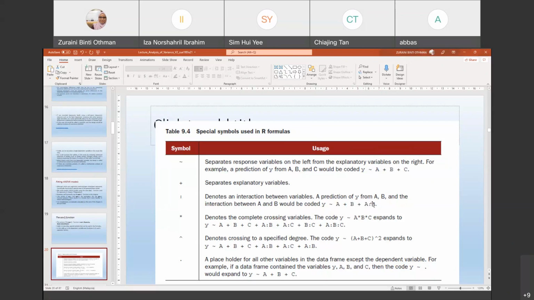We use the colon symbol for that. Then the times symbol: this star denotes the complete crossing of variables.